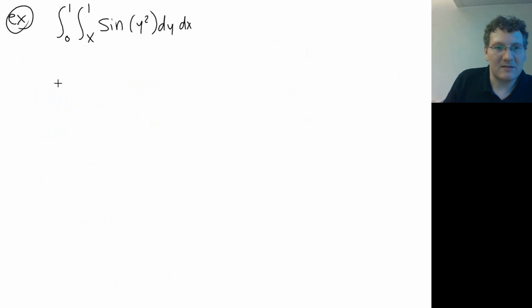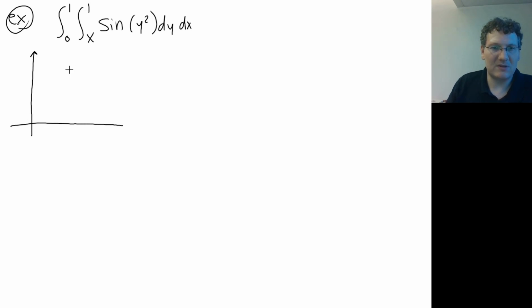All right, let's take a look at this one. Now we're asked to evaluate this double integral where it looks like y is going from x to 1, x is going from 0 to 1. Let's try to graph this out and see what this looks like. So x is going from 0 to 1.